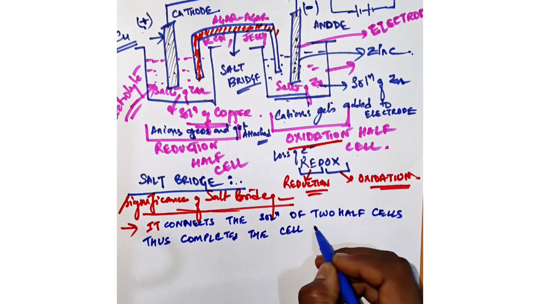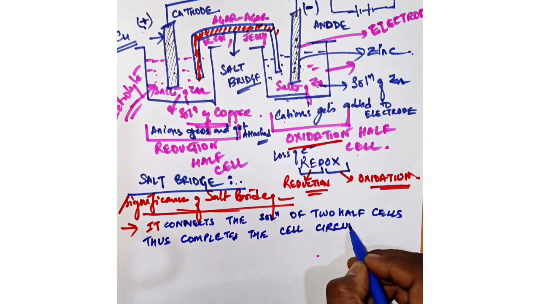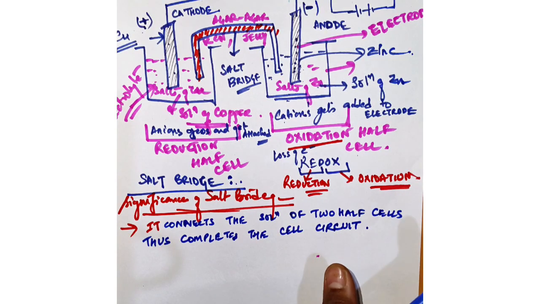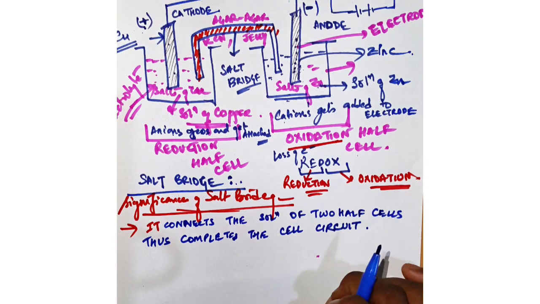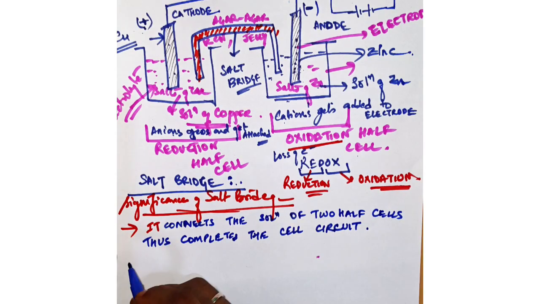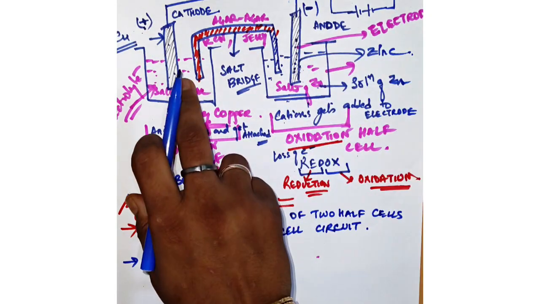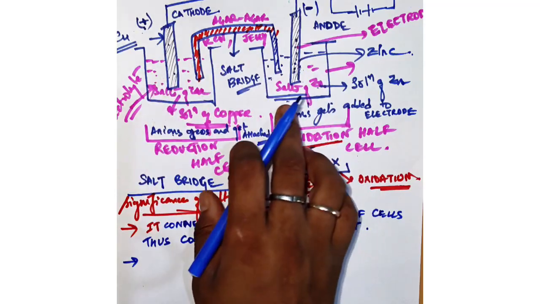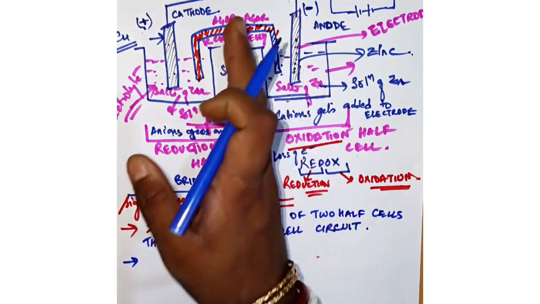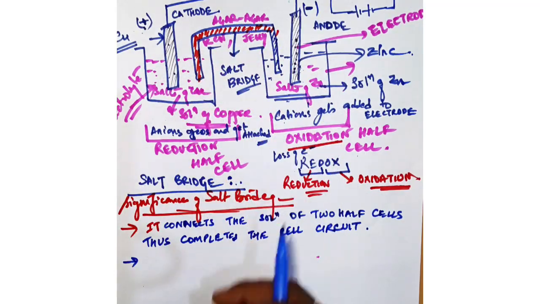Whatever I am giving you as notes, or writing in this video, please copy it down as it is in your notebook, because if you write this much, you will get the answer and you will get marks. The second is that it prevents the transference or diffusion of the solution from one half cell to the other. Because the salt bridge is there, there is no diffusion of the solution from one cell to the other; it is restricted.